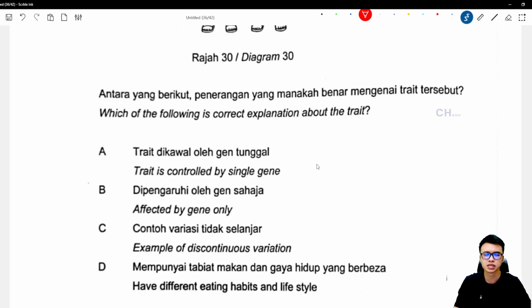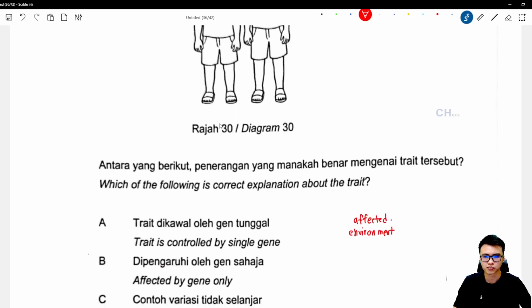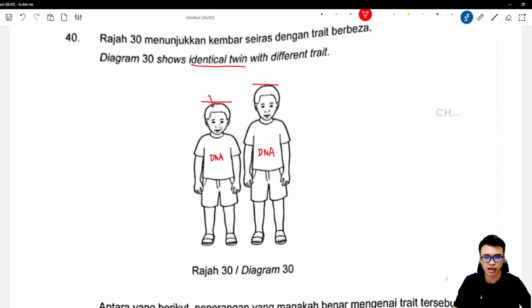This could be something that is affected by the environment. Okay, we look back to this diagram. They have different heights. Different height is a type of variation.